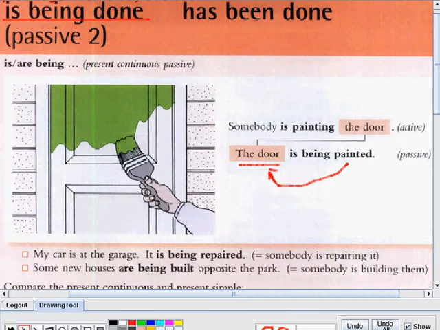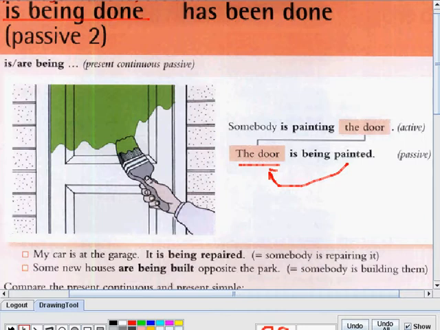Now, do you remember why we want to use passive kind of sentence? Why do we make passive forms of sentences? We use passive voice when our receiver of the action is more important in our communication than the one who did it. Alright?